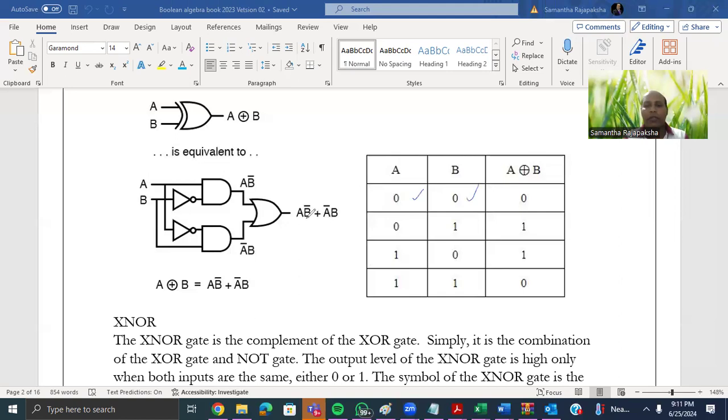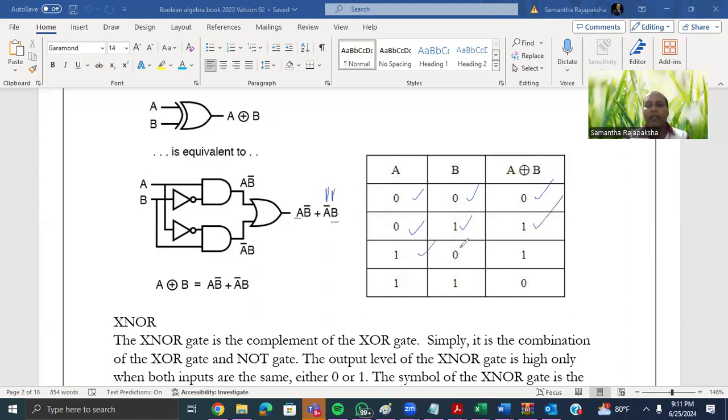Then when you multiply, the answer will be 0. But when you take the next value, A is 0, B is 1. Remember, when A is 0, not 0 means 1. Then B is 1. So 1 into 1 is 1. Therefore, the answer will be 1.